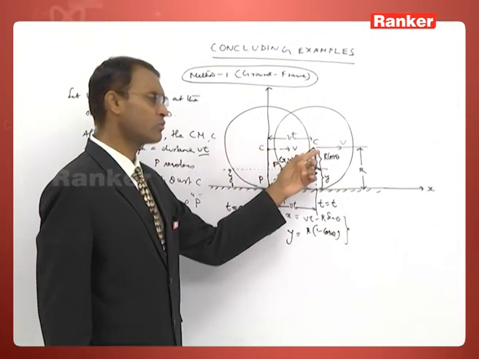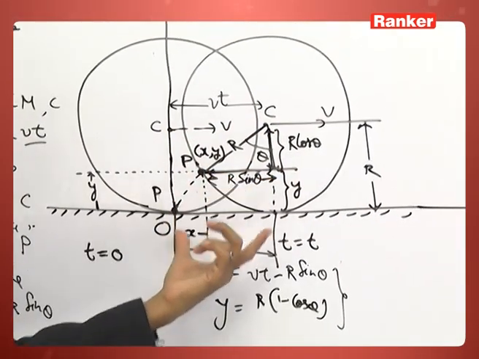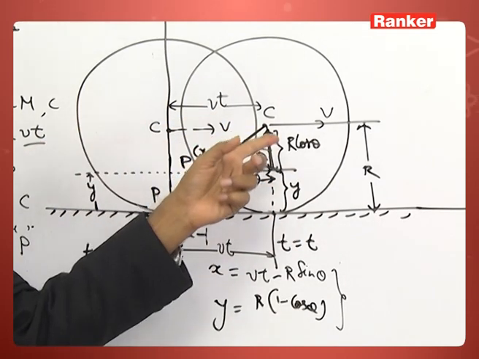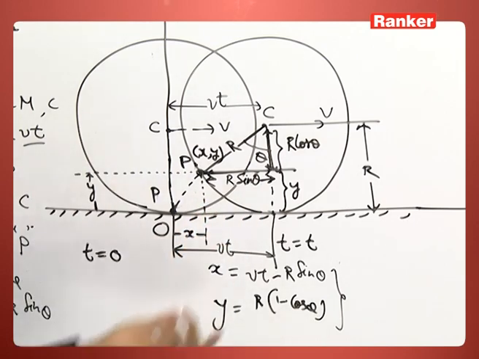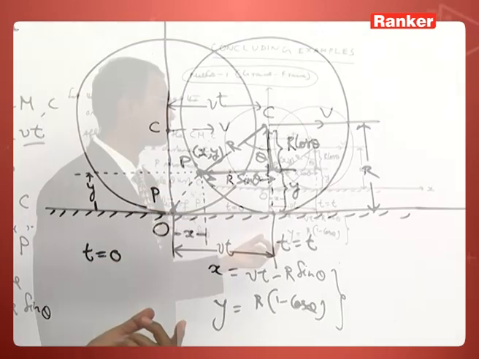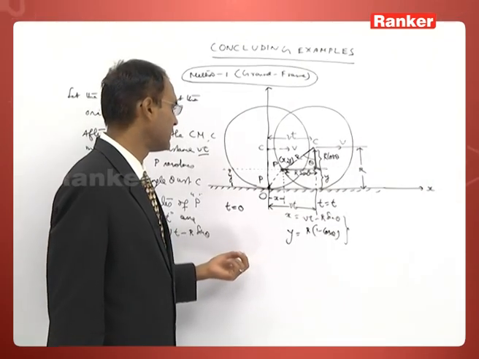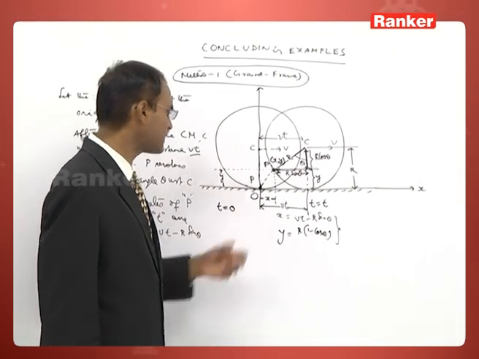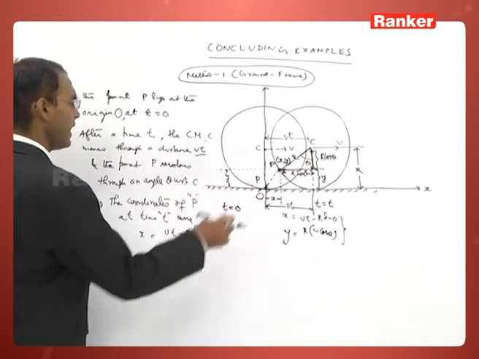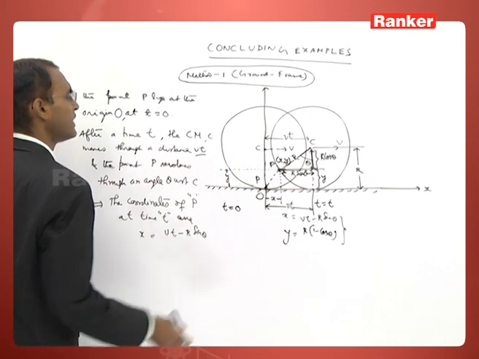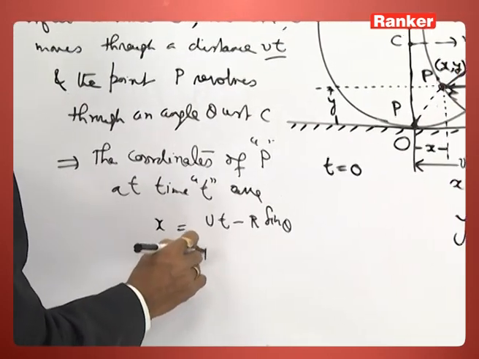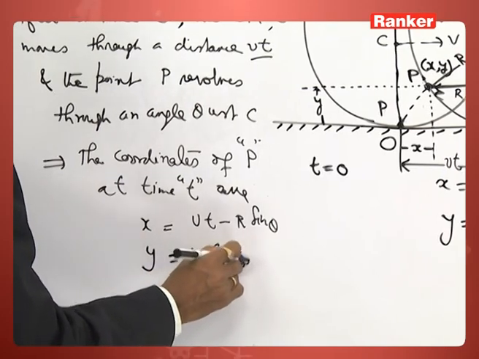The center of mass goes through the distance Vt, and this point P comes back with respect to the center of mass through a distance r sin theta. As a result, the point P will be closer to the origin by a distance x, that's equal to Vt minus r sin theta, and it is above the origin through a distance y, which is equal to r into 1 minus cos theta.